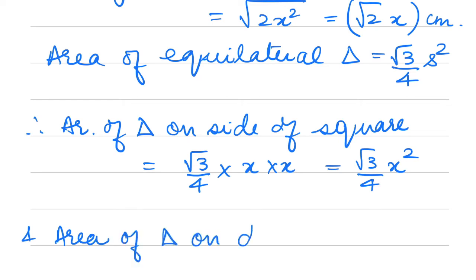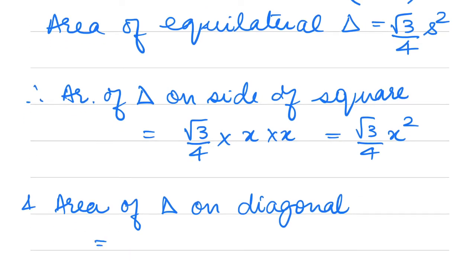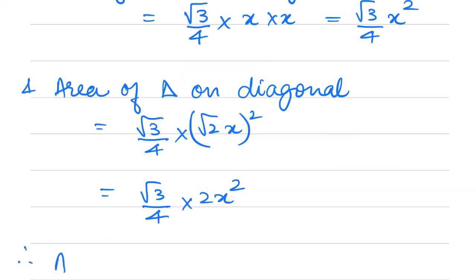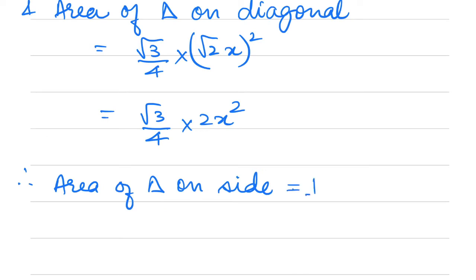And area of triangle on diagonal will be equal to, diagonal we found out as root 2 x, so we will have root 3 by 4 into root 2 x whole square. So this is equal to root 3 by 4 into 2x square. Therefore, we can say area of triangle on side is equal to half of area of triangle on diagonal.